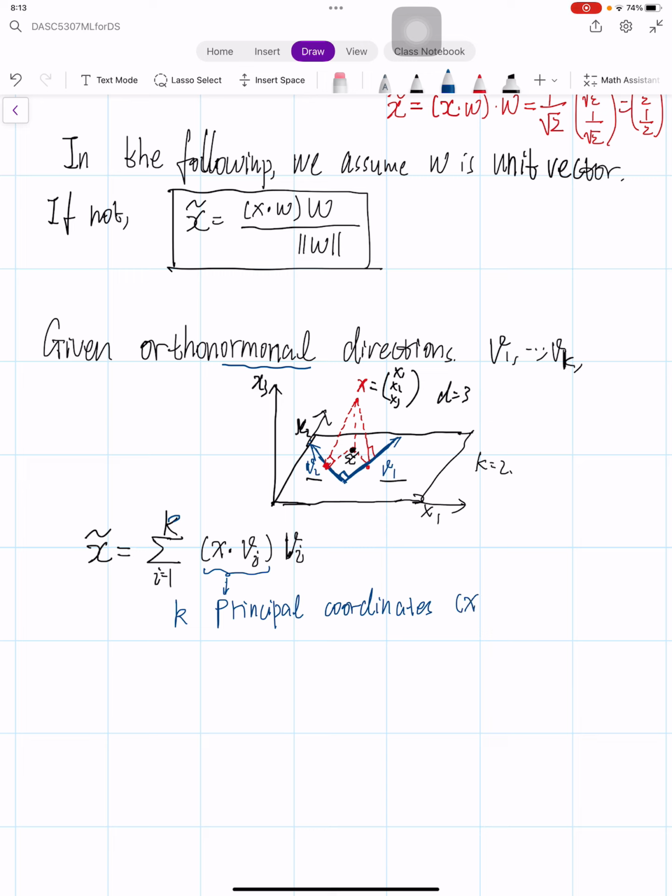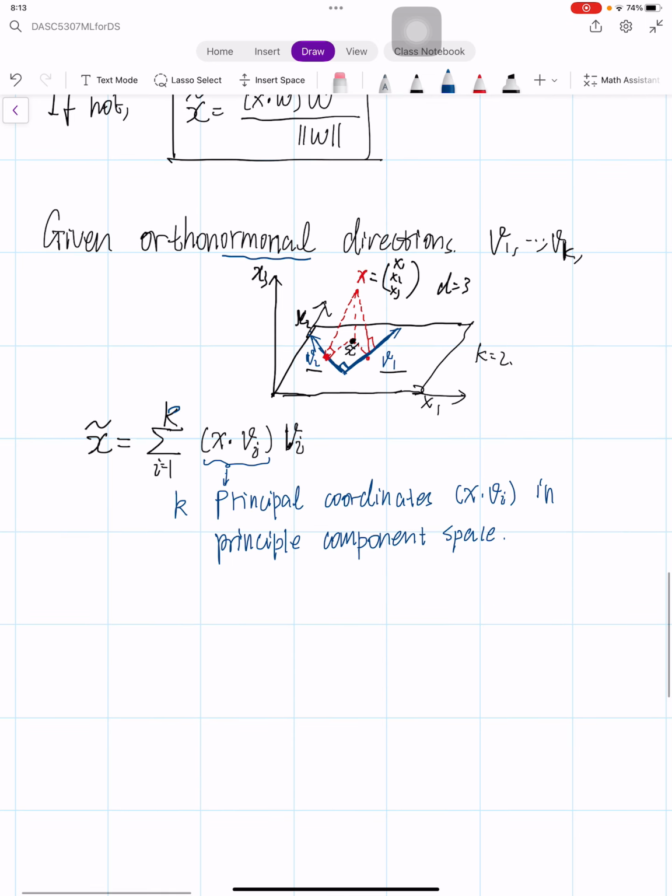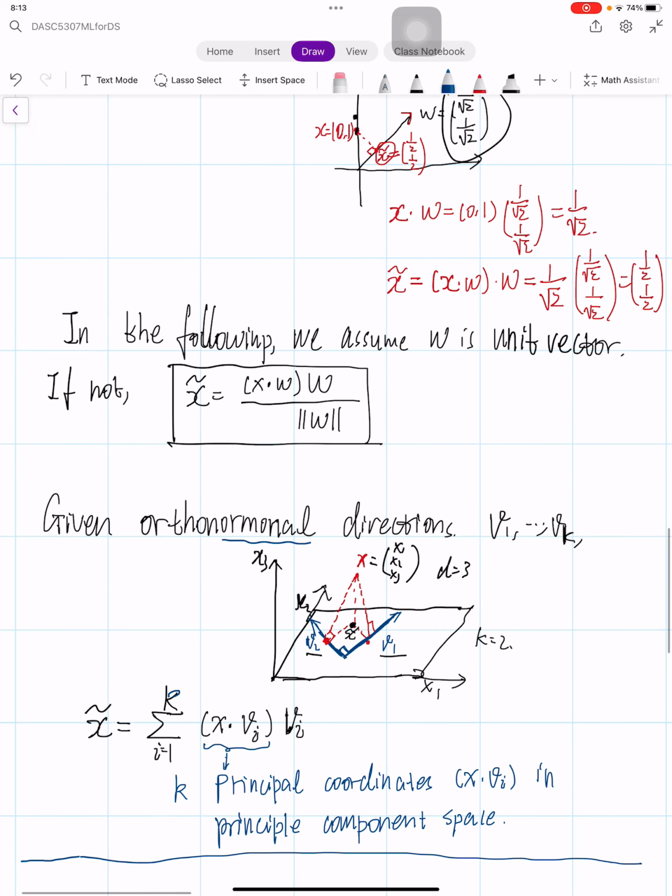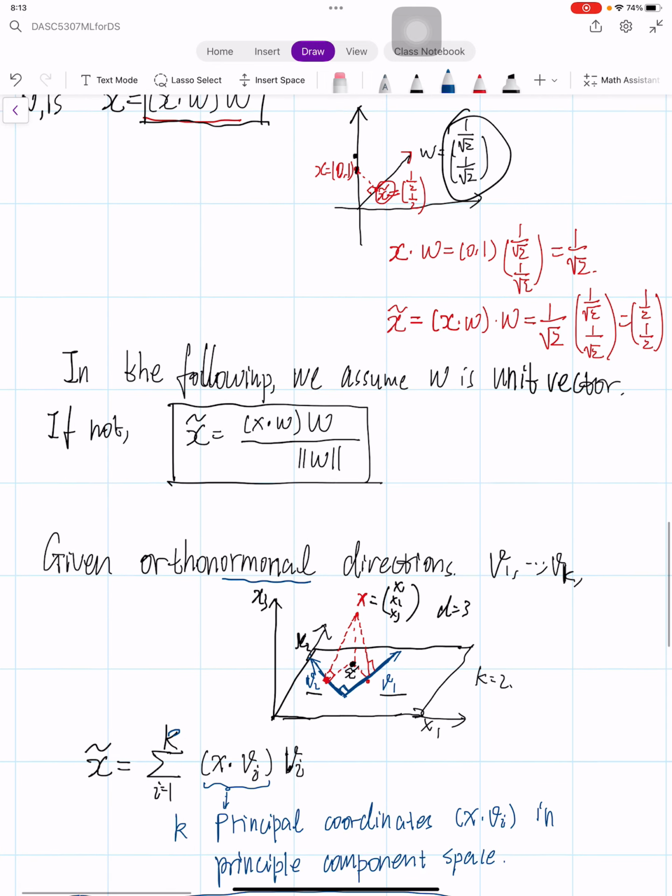The x dot product with vi in the principal component space. Okay. So now let's see how we use this projection to find the principal component space. Okay, so that's the math preparation we have, orthogonal projection.